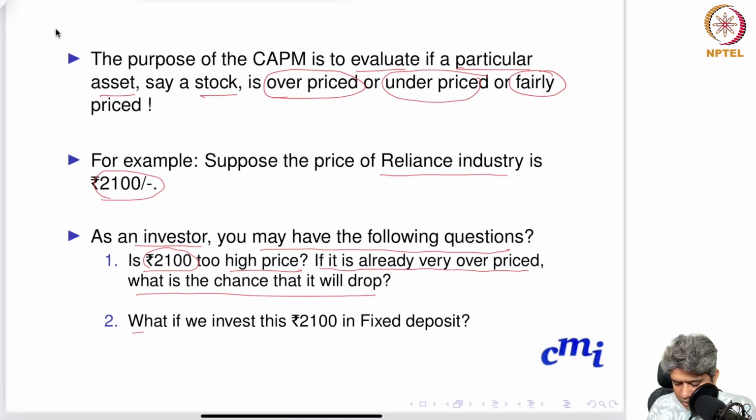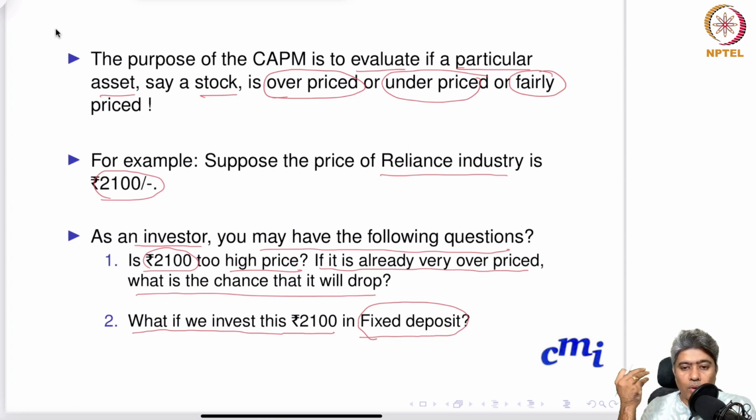Second question, what if we invest these rupees 2100 in a fixed deposit? I have 2100 rupees in my pocket and I want to invest in Reliance Industries. I am hoping that by the end of the year it will go up.